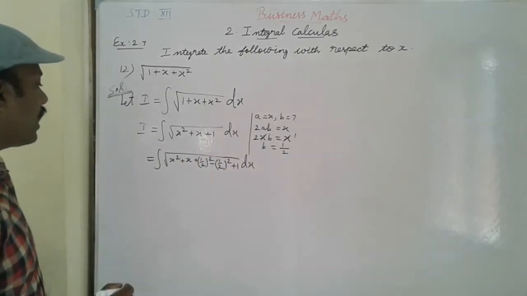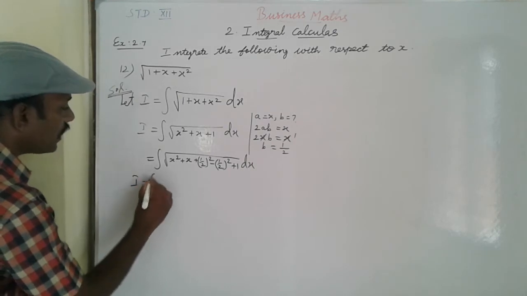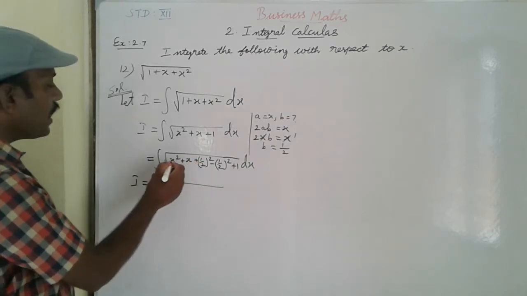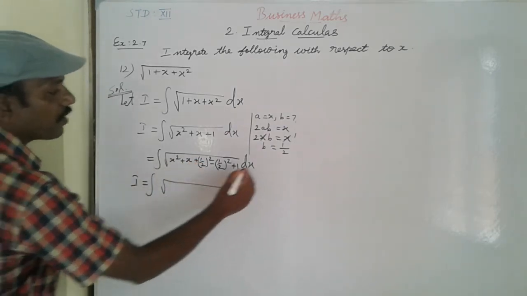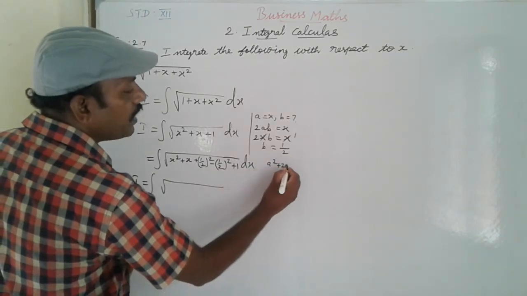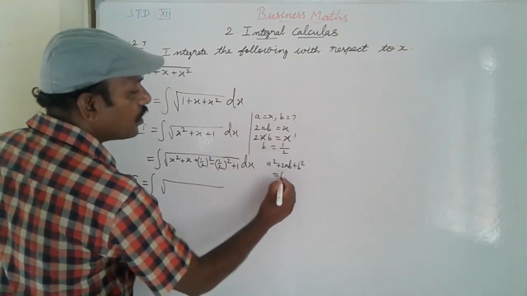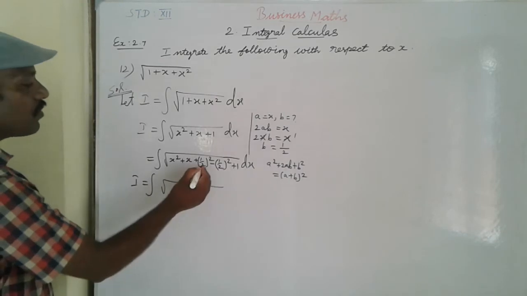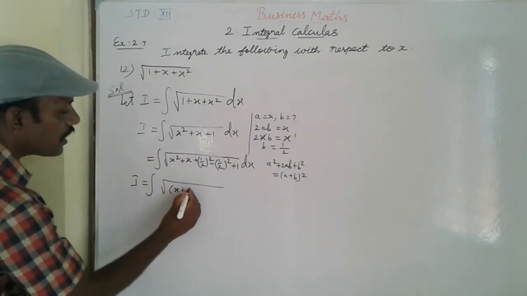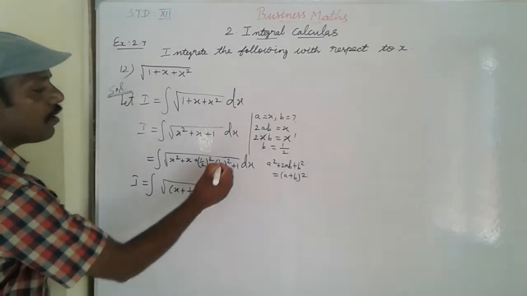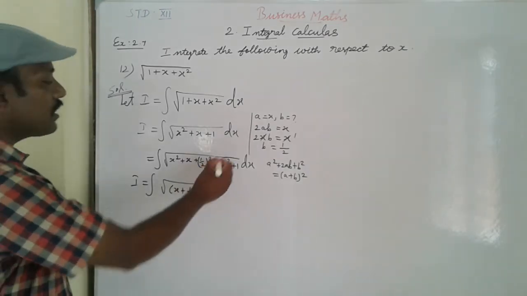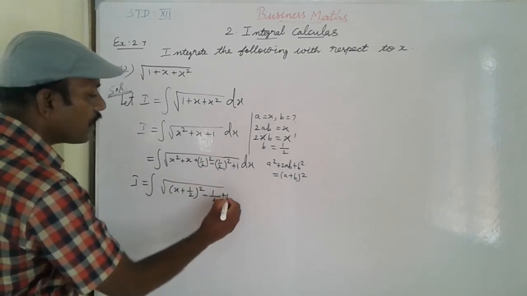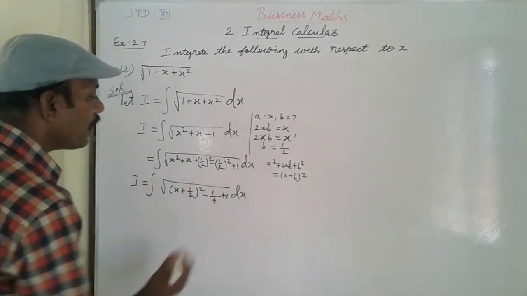So I equal to integral square root of a square plus 2ab plus b square form, which equals a plus b whole square. We know this formula. a is x, b is 1 by 2. So x plus 1 by 2 whole square minus 1 by 2 whole square, 1 square is 1, 2 square is 4, divided by 4, plus 1 into dx.